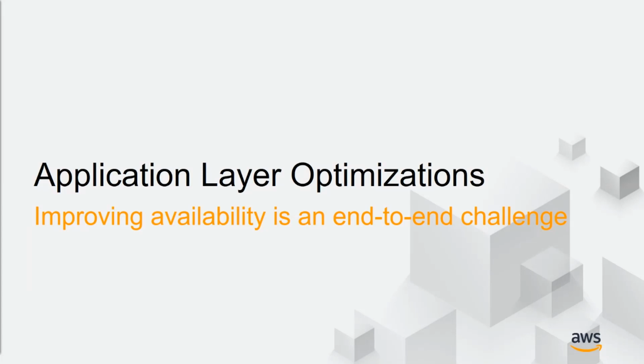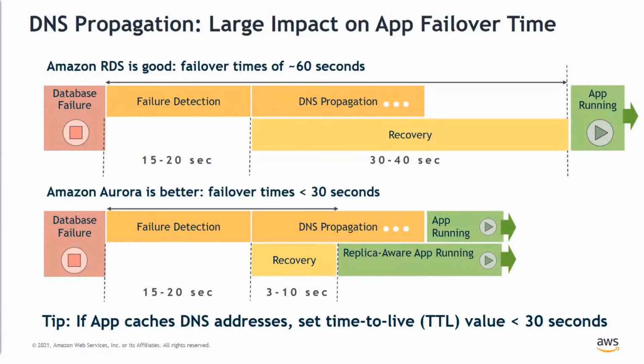Okay, so let's dig in a little bit now to the application layer optimizations. If you look at failover, one of the largest areas that impacts how long it takes to fail over a database is DNS propagation, right?